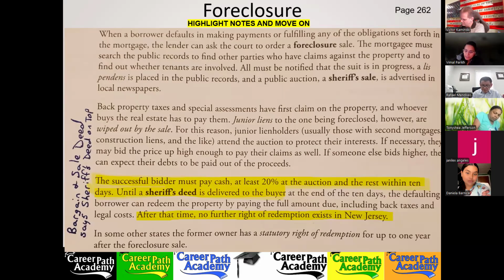Bargain and sale deed. It says sheriff's deed on top. Okay, got it.